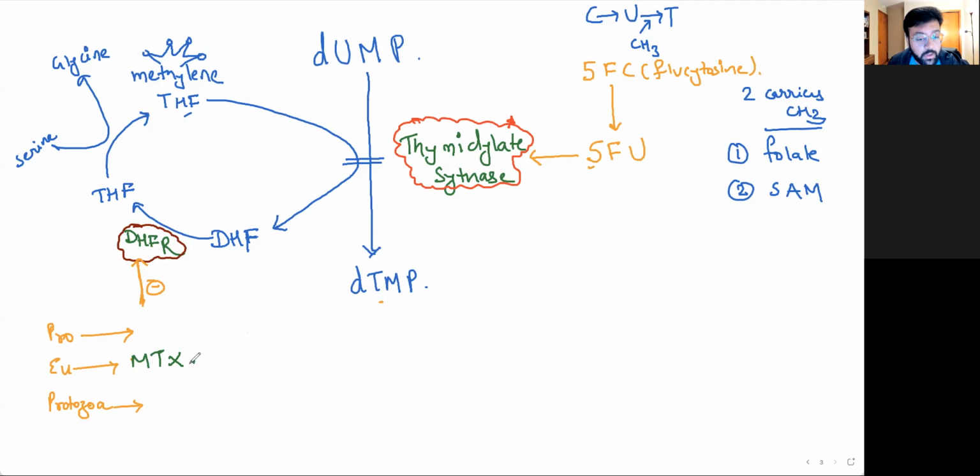One of the side effects of methotrexate is what? You can use this diagram. Pulmonary fibrosis is one of the side effects of methotrexate. What else? Bone marrow suppression. Why?